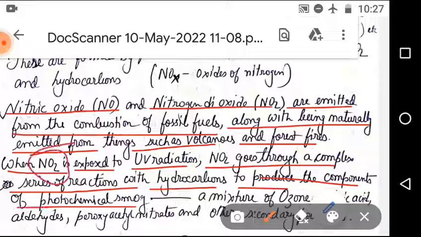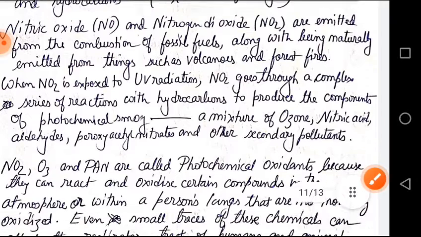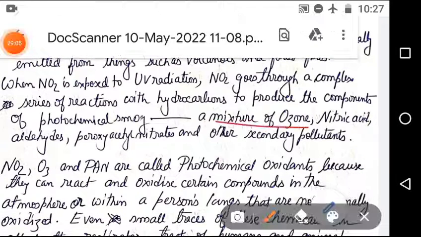When nitrogen dioxide interacts with UV light, it makes a series of reactions with the other hydrocarbons present in the atmosphere and makes up the components of photochemical smog, like ozone. This ozone will not be formed in the stratosphere. It will form in the troposphere, and it is called ground level ozone, which is very bad for us if we breathe it.